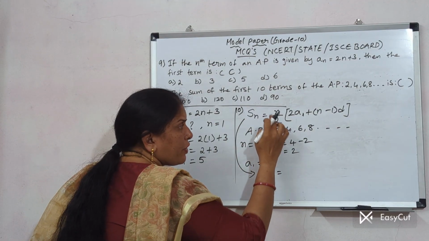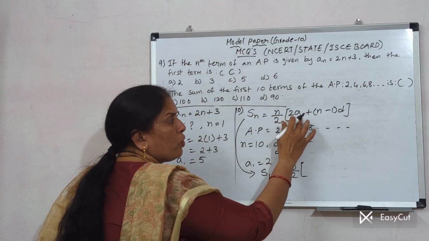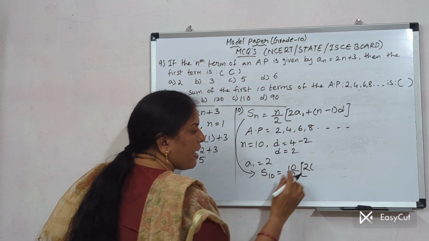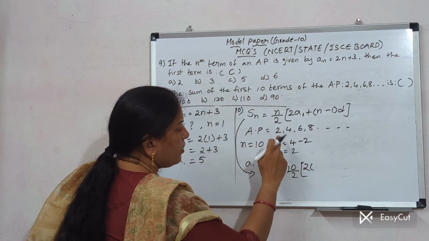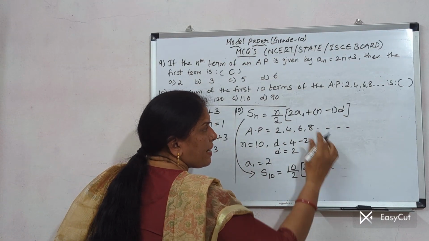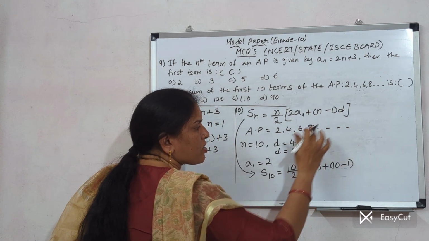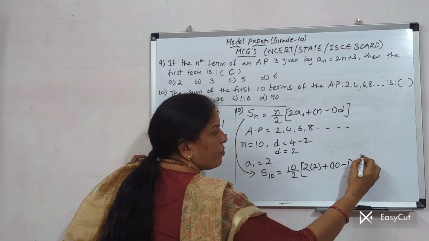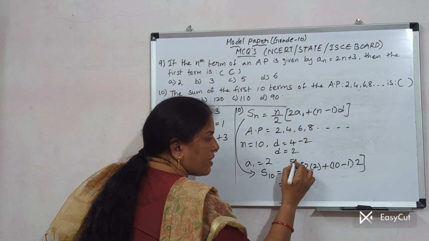So n by 2, 10 by 2, into 2a1. a1 means the first term. What is the first term here? 2 is the first term. Plus n minus 1, n is 10, minus 1, into d, the common difference, 2.